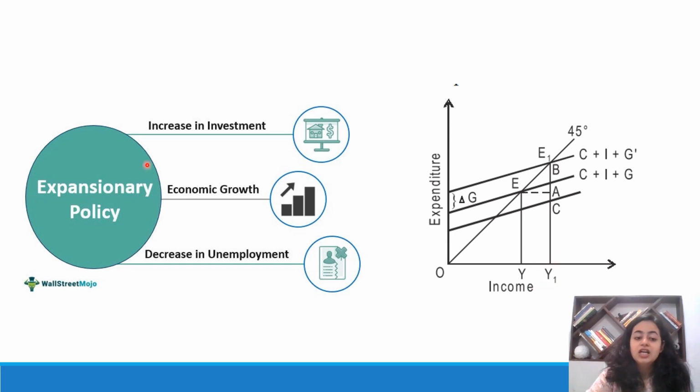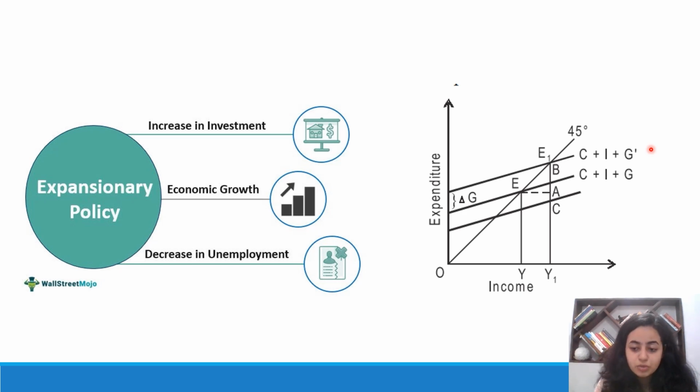So let's take a look again at the expansionary policy. The government increases its investment. There is economic growth, as you can see that the income increased, and this leads to a decrease in unemployment. Let me take a minute to explain how. When the aggregate demand in the economy increases, there is a requirement for increased production.